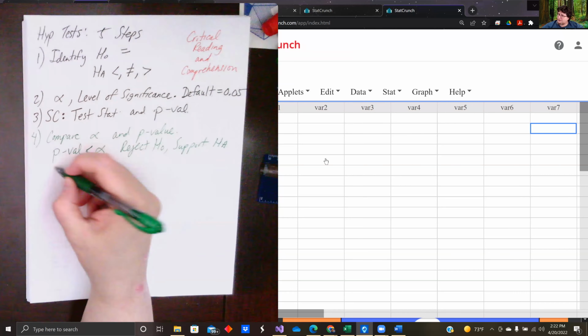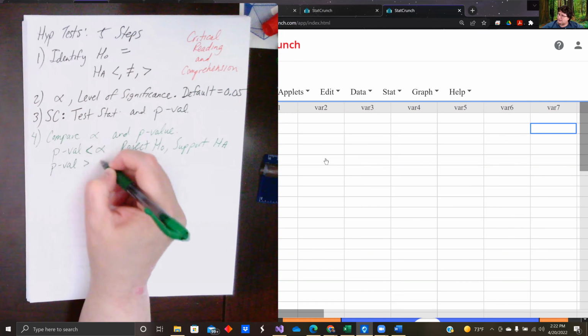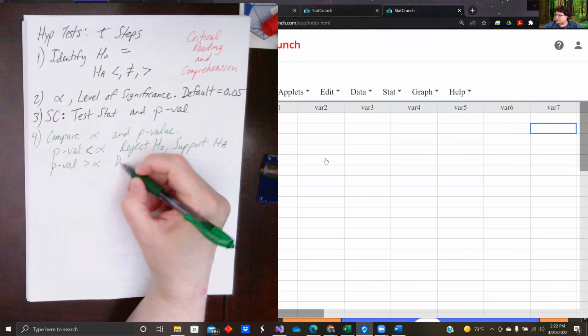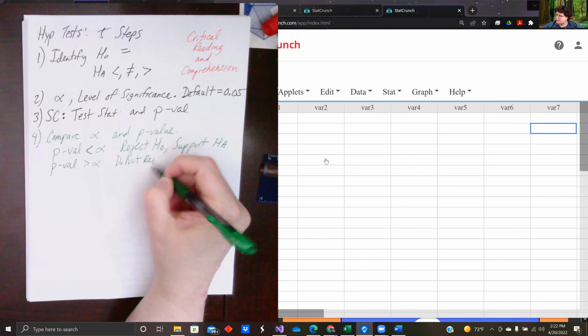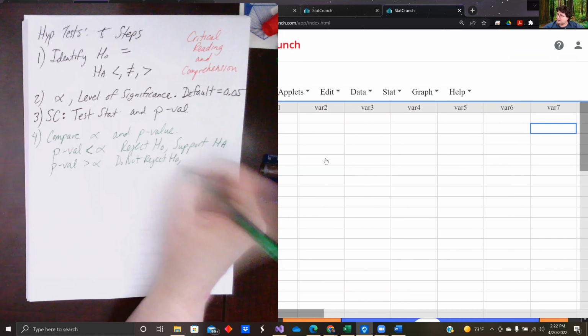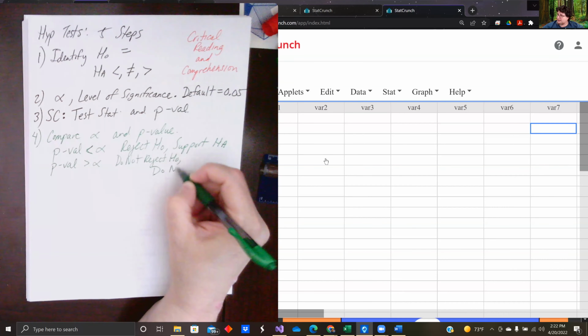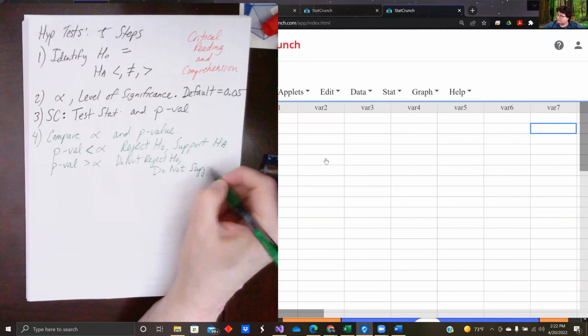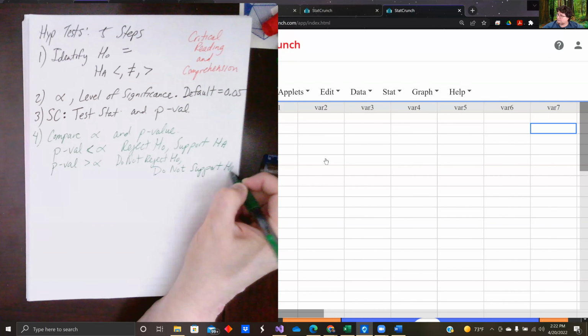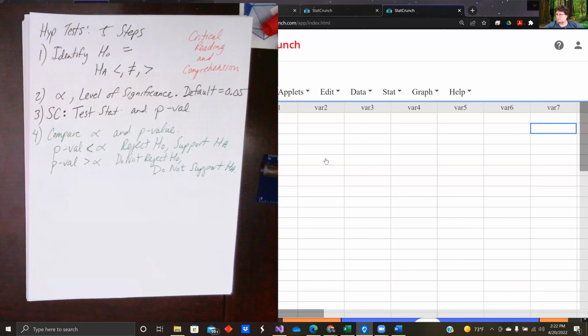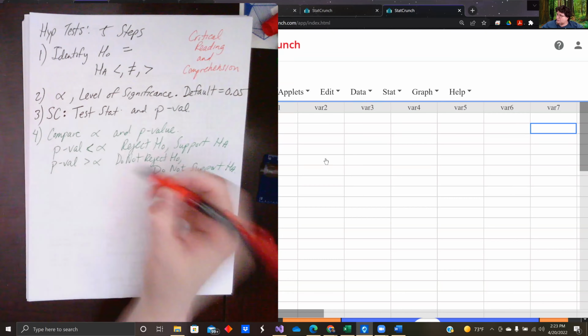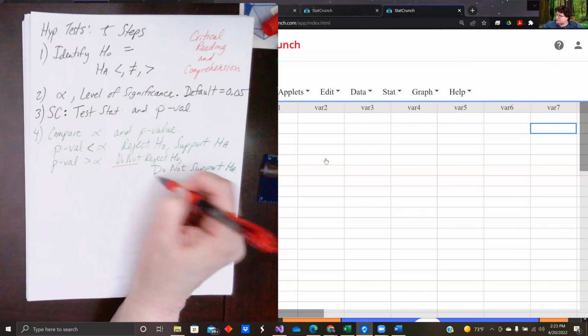And if the p-value is higher, we do not reject H0, do not support HA. And these ones both have "do not" in them.